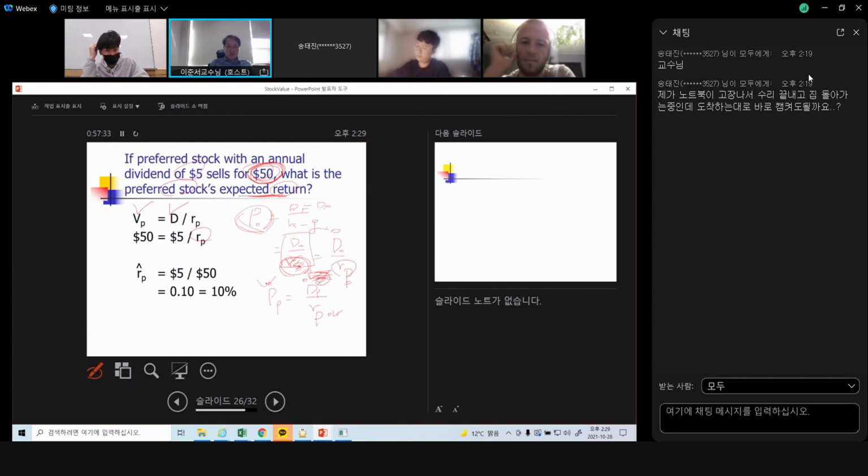RP is the expected return of preferred stock as well as the cost of preferred stock, the same thing. So RP equals, if we rearrange, DP divided by PP. The dividend is $5, the price is $50. Then the expected return is 10%. Okay, that's it.